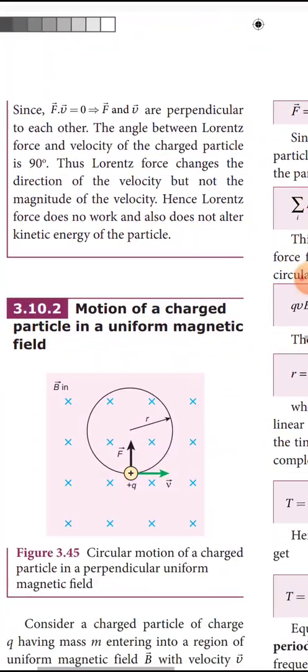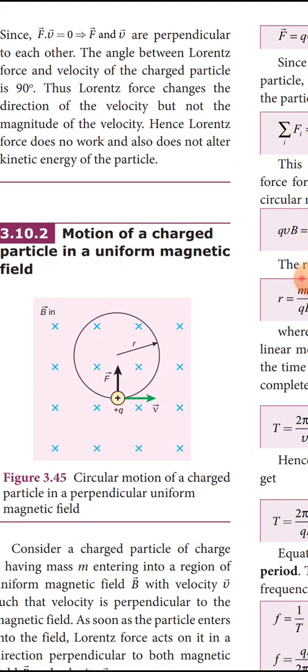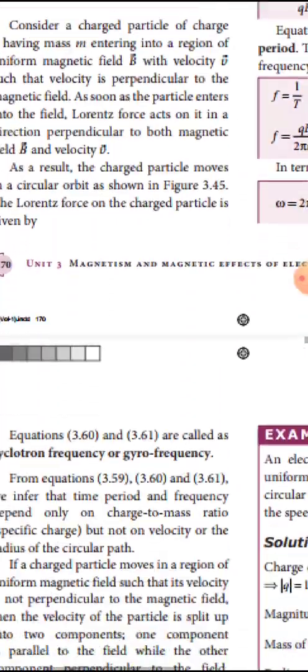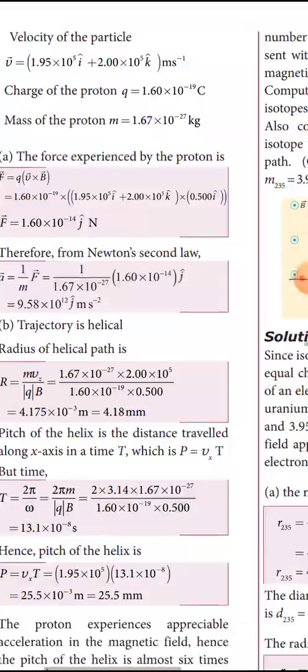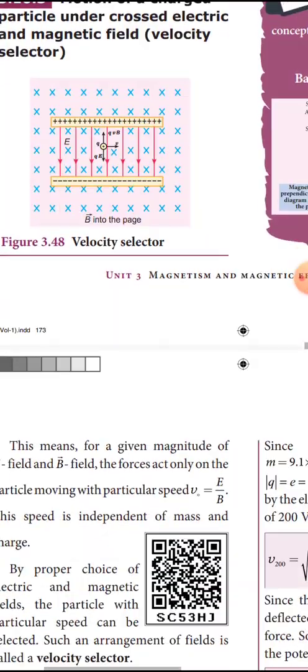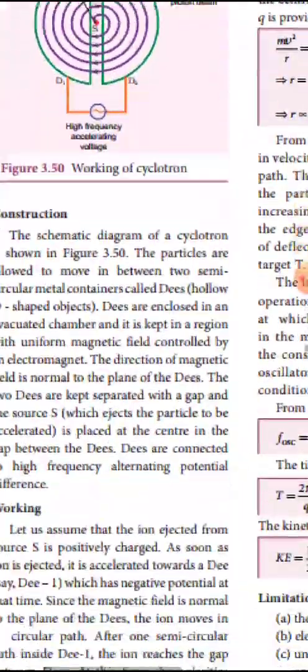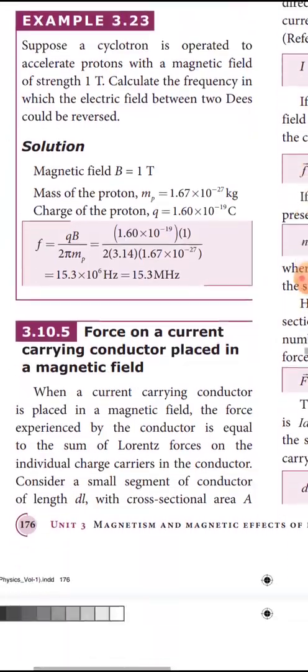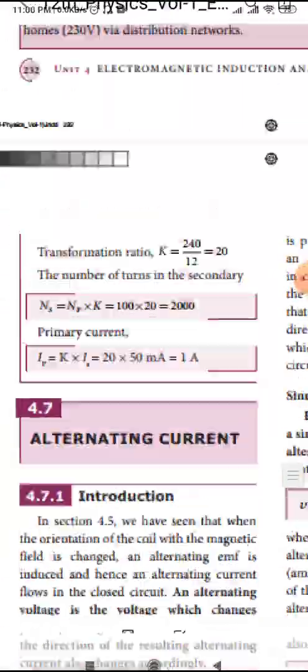That equation you should know. Then motion of a charged particle in a uniform magnetic field, that is also another derivation. So cyclotron. Next, force on a current carrying conductor in a magnetic field.